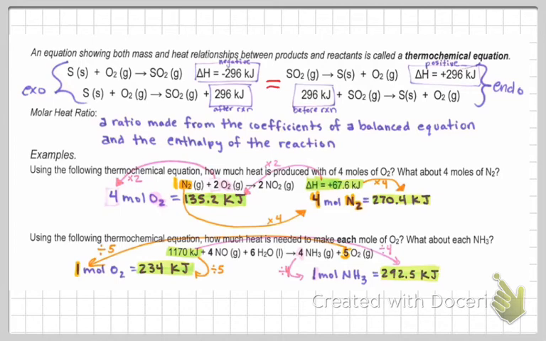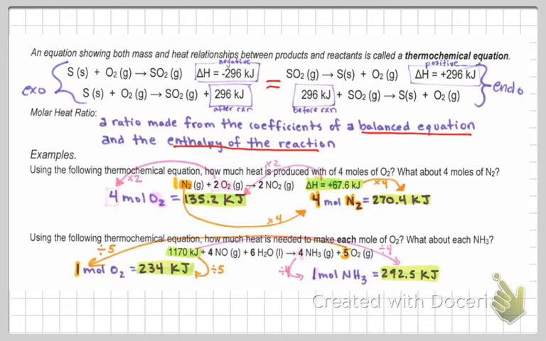Okay, so a molar heat ratio is a ratio that is made from the coefficients of a balanced equation and the enthalpy of that reaction. Okay, so now we're going a little bit more advanced. We're not only taking into account the energy that's put into the system, but we are looking at the stoichiometric ratio of what's happening there.